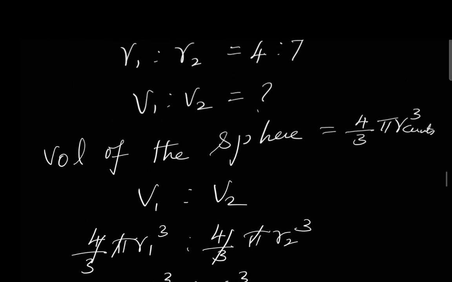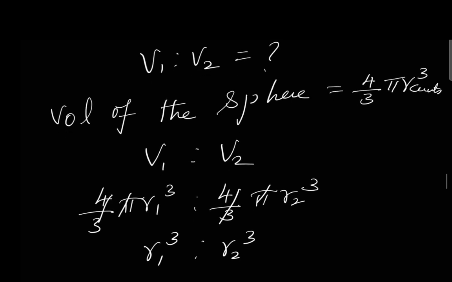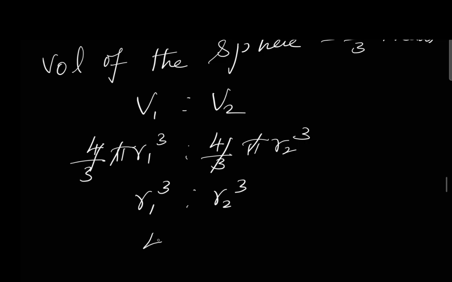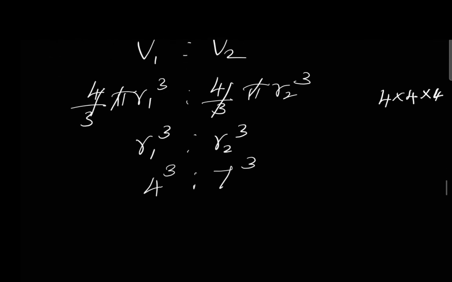R1 is to R2 is 4 is to 7, so 4 cube is to 7 cube. 4 cube is 4 into 4 into 4: 4 fours are 16, 16 fours are 64. 7 cube is 7 into 7 into 7: 7 sevens are 49, 49 into 7 is 343.